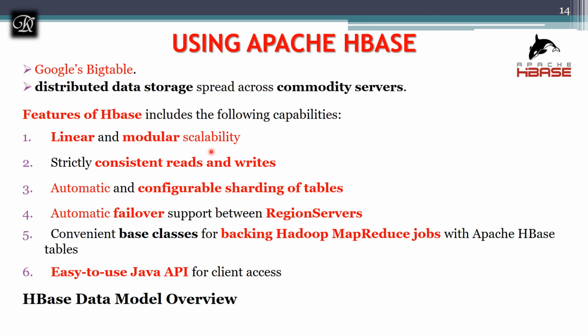Next, it's going to provide convenient base classes for backing up Hadoop MapReduce jobs with the Apache HBase tables. I told you it's going to be somewhat similar to our normal RDBMS. So it's going to store the HBase tables by making use of the convenient base classes.